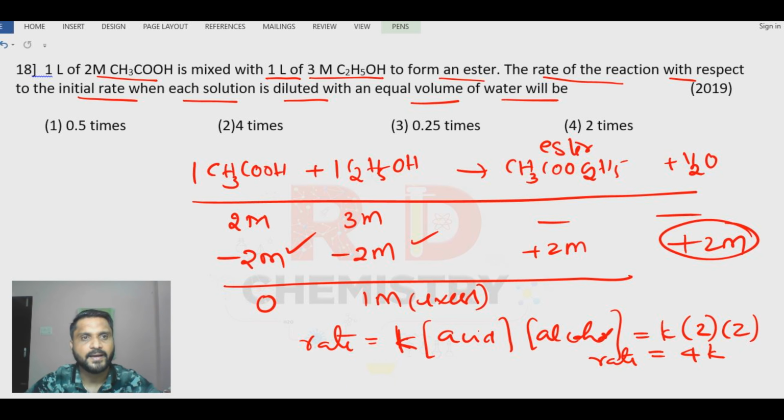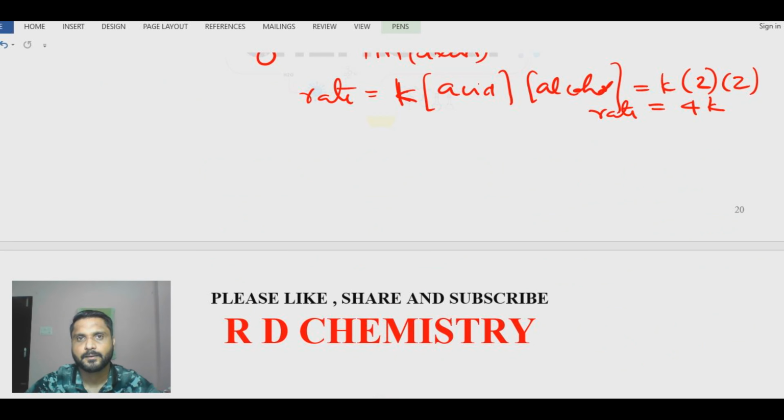Now they are given that each solution is diluted with an equal volume of water. Now we'll take a new rate, let it be rate star, K into. If I dilute, 2 molar becomes exactly 1 molar, and alcohol also becomes exactly 1 molar. So it is equal to 1K.